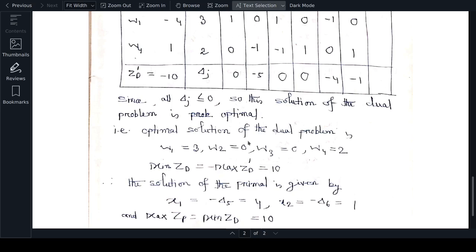But in the simplex method, when at least one delta j is positive, then we find the minimum ratio. Without finding the minimum ratio, we cannot get the solution, right? So this is one of the major differences. And you should practice how to calculate the new table from the old table.